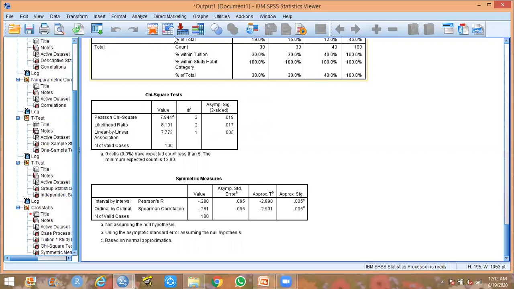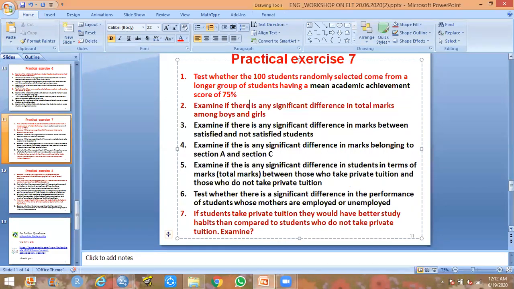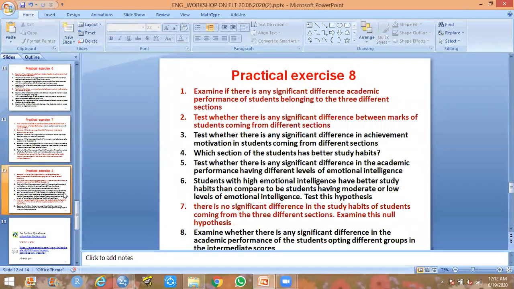Now I'm going back to another question, one more question. Practical exercise 8. Here I have put 8 questions on my slide.